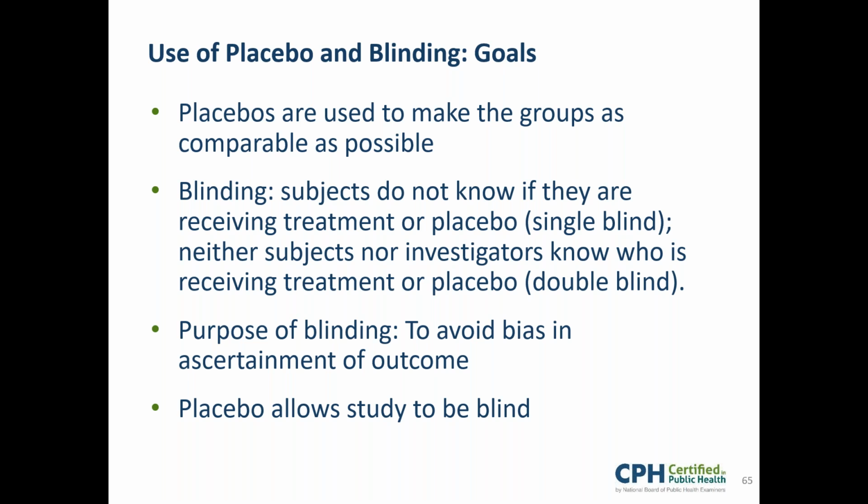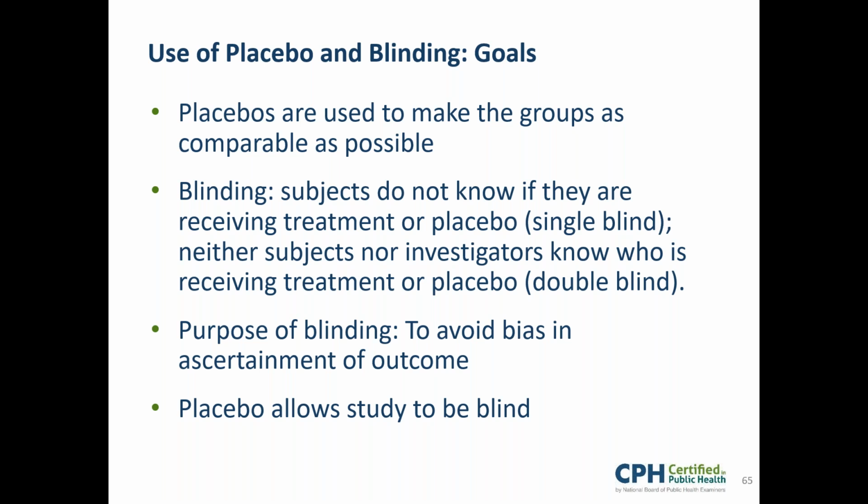Another factor of randomized controlled trials that is unique is using placebos or blinding. So placebos are used to make the groups as comparable as possible. So most often we think of placebos in drug trials, where the placebo tablet looks identical to the actual active ingredient tablet, and so that participants are blinded to what group they're in.